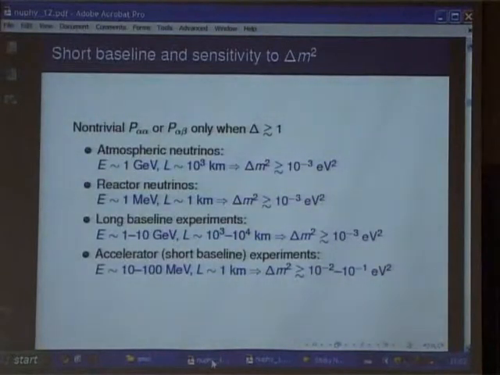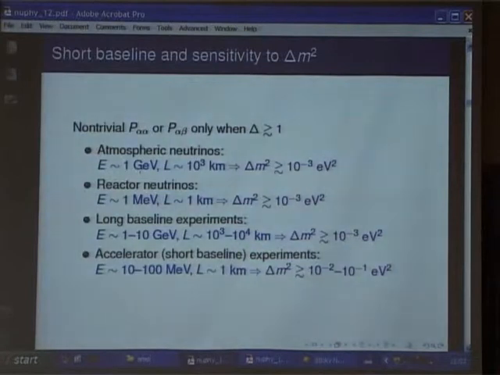So for example, if you look at atmospheric neutrinos, our energy is about 1 GeV. If you have a large enough flux, then that becomes possible, but we don't have that. So we are talking about experiments where your accuracy is of the order of 1%. Even atmospheric neutrinos are such a source.